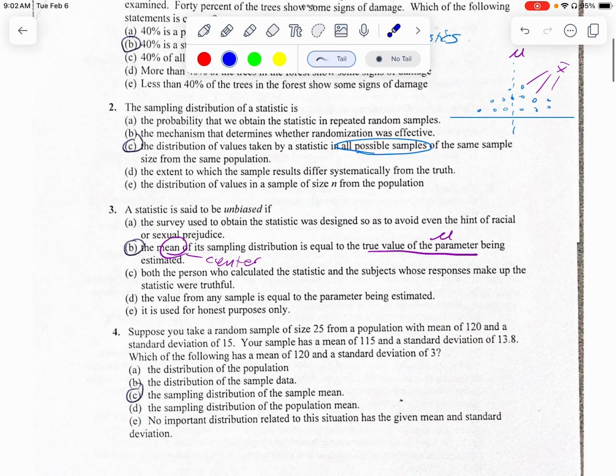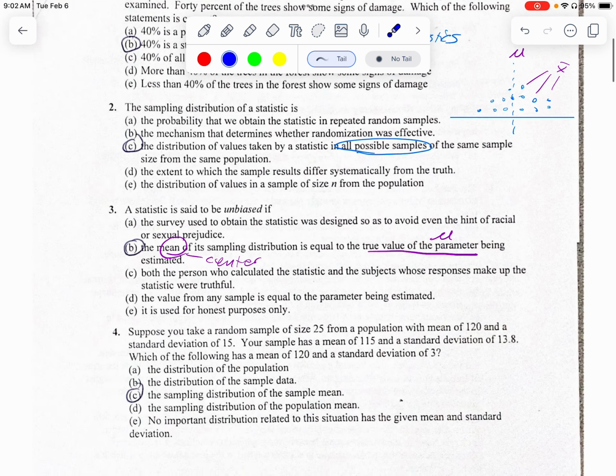If you had a sampling distribution of the population mean, well, the population mean is 120. So if you only had a distribution of just this, every dot would be at 120. It would have no standard deviation. You'd have your graph and you'd have every single dot right here at 120. Sigma would be 0 for that.